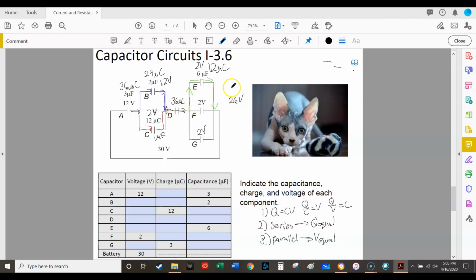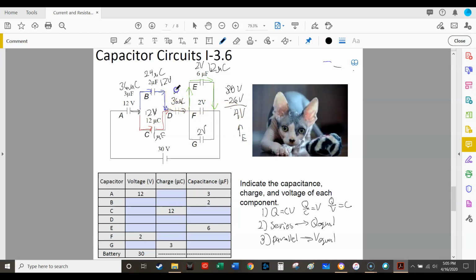So to get D, we're going to have to subtract 26 from 30, because 12 plus 12 plus 2 is 26, and what is that? Put a 10 up here, and we just get 4 volts. So E has to be 4 volts.